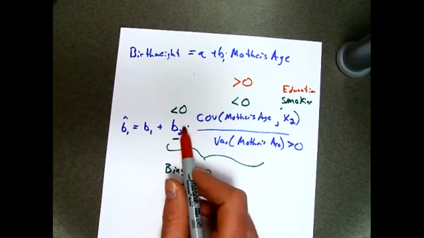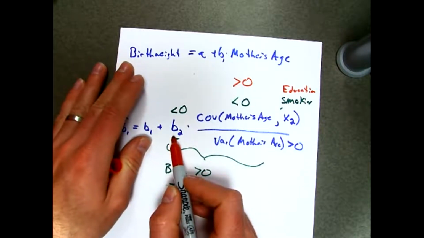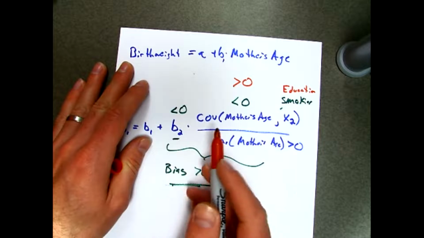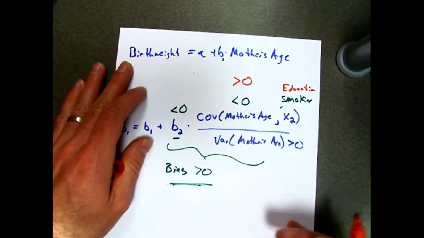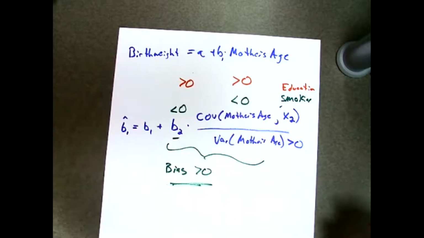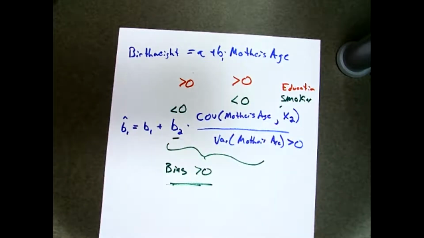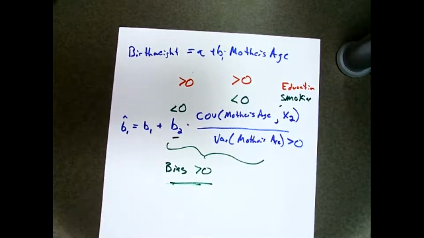As a mother gets additional years of education, what would we expect to happen to birth weights? Probably healthier. They have more information on what to do during pregnancy. Potentially they're earning more money, so they can buy higher quality foods and healthcare. So there, we actually have a positive times a positive divided by a positive. We still have a positive bias, but we would just work through it a little bit differently.